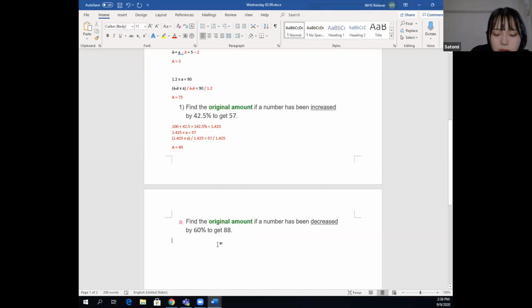Good. And then equals 40. Yep, 40%. Which equals what as a decimal? 0.4. Good.